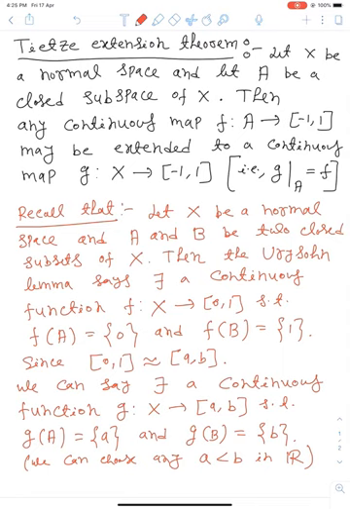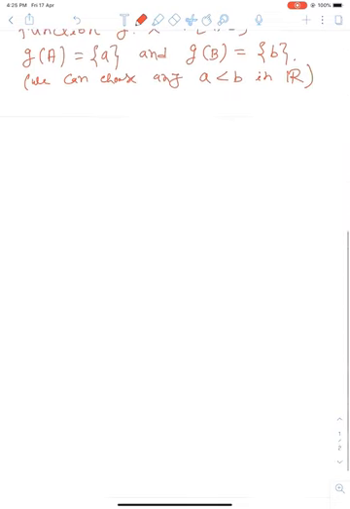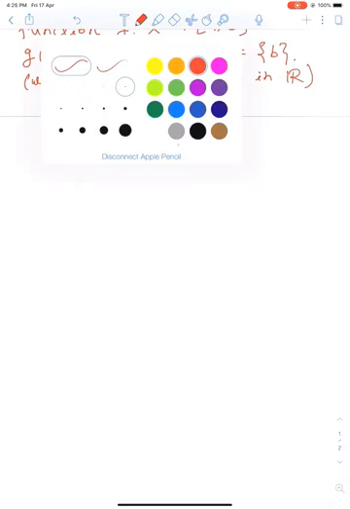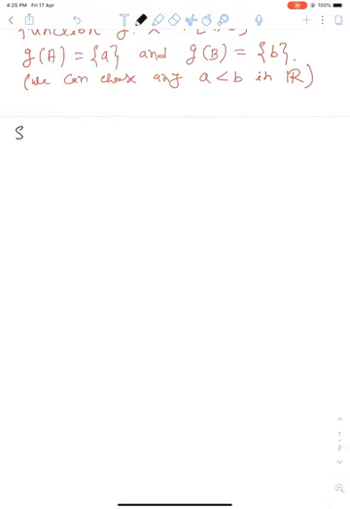We shall prove this theorem in several steps. In the first step, we first consider a different continuous function, say capital F, from A to [-r, r]. So this is my step 1. We shall use this step again and again.